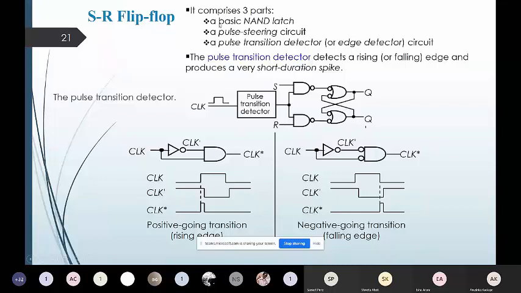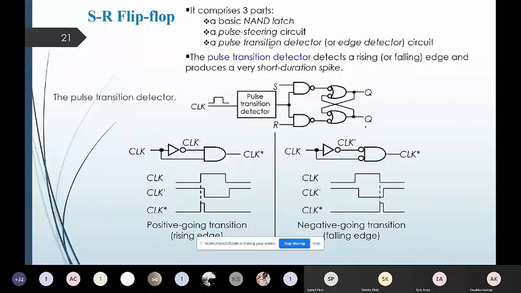One is the NAND latch, the second is the pulse steering circuit, and the third is the pulse transition detector or edge detector circuit. What is the task of each component in the flip-flop operation? That we are going to see in detail.